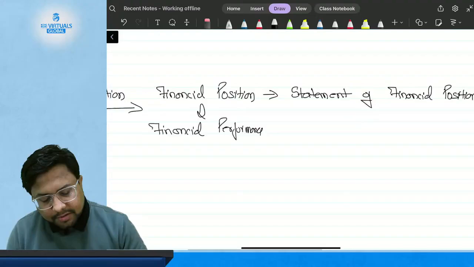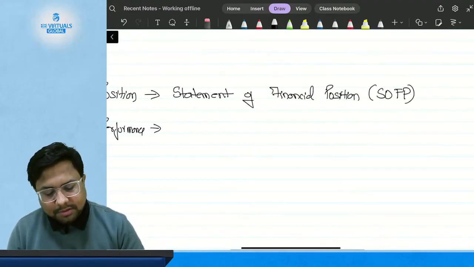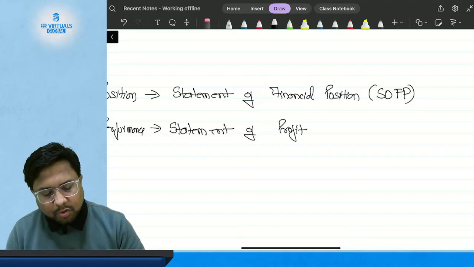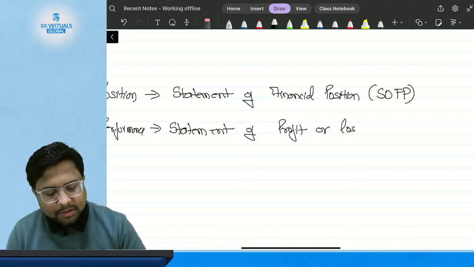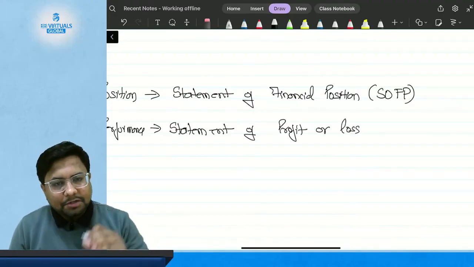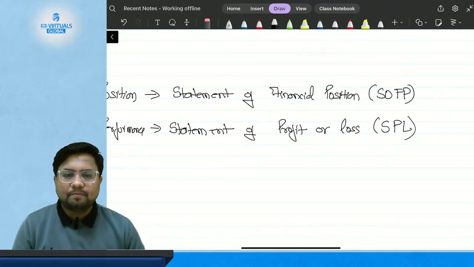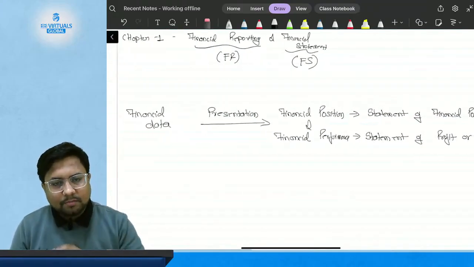And what is financial performance? Financial performance is the statement of profit or loss, in short SPL.